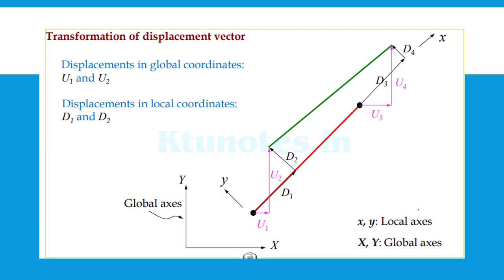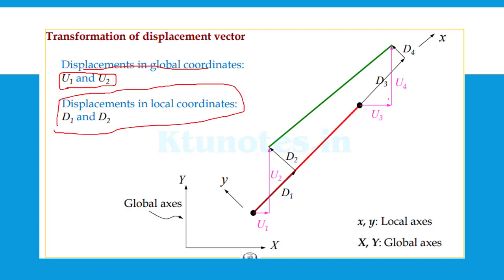Now as we have discussed, we have to convert the local coordinate values to the corresponding global coordinate values. For that, you should note that the displacements in the global coordinate are given as U1 and U2, and the displacements in the local coordinate are D1 and D2. From this figure, it's clear that the global axes are denoted as capital X and Y, and the local axes are small x along the member and y vertical.